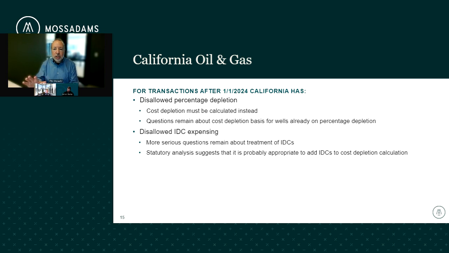But these changes are a big deal if you're in a pass-through, flow-through structure and you have California partners, even if you have absolutely no operations in California and no California apportionment.